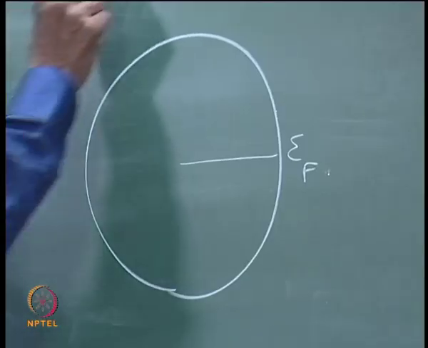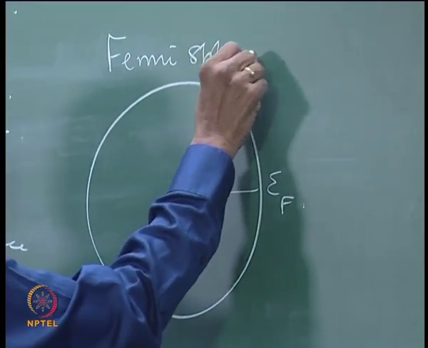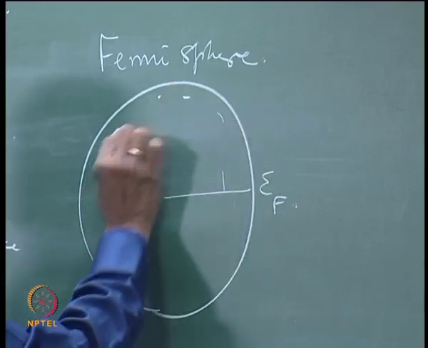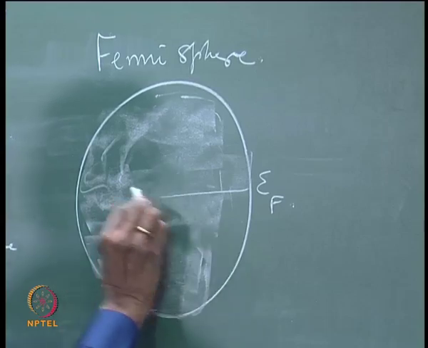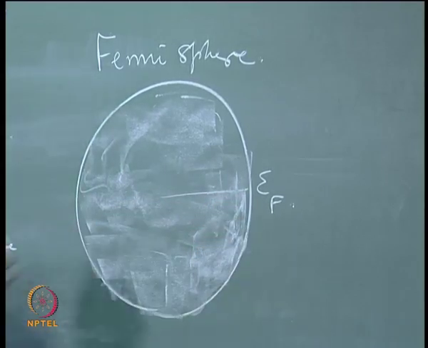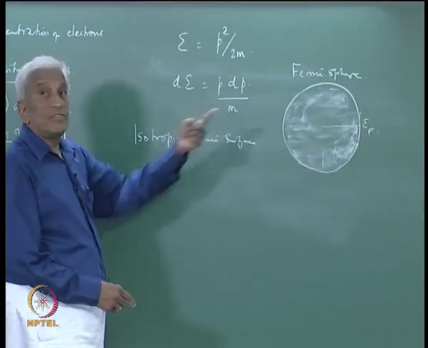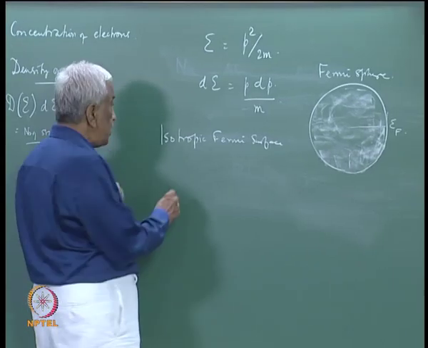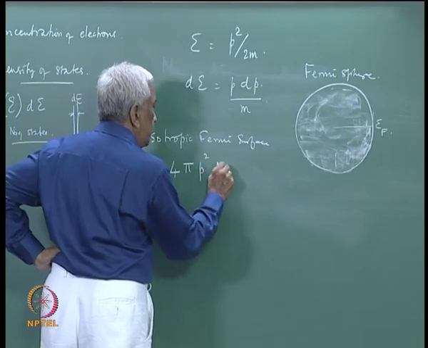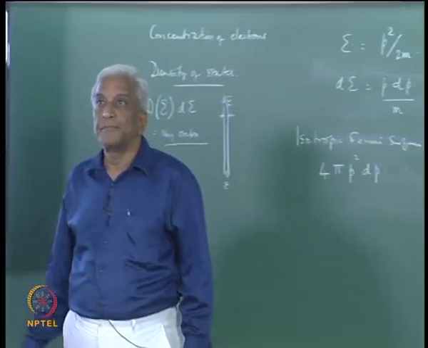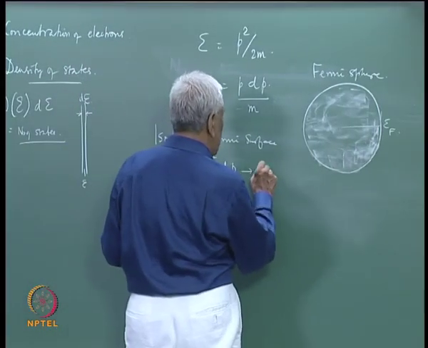So, that is the Fermi sphere. And all the states inside this are occupied by the electron gas. So, we know that the differential volume is 4πp² dp. This is the differential volume in momentum space.